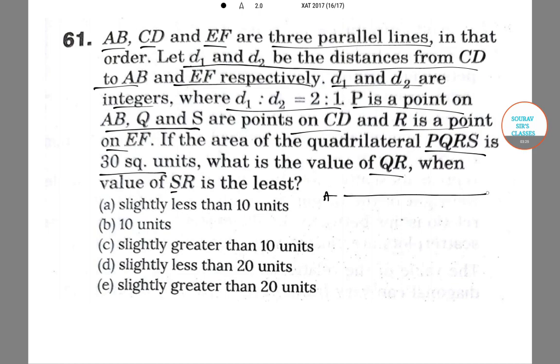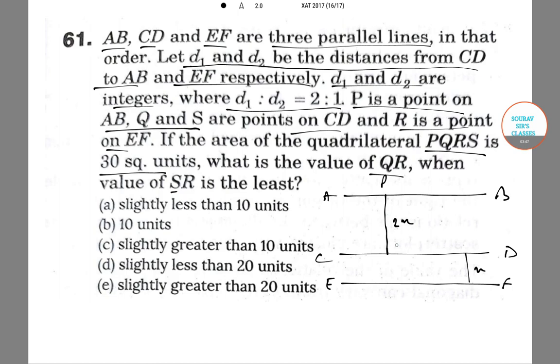So this is AB, this is CD and this is EF. So this distance is 2x and this is x.